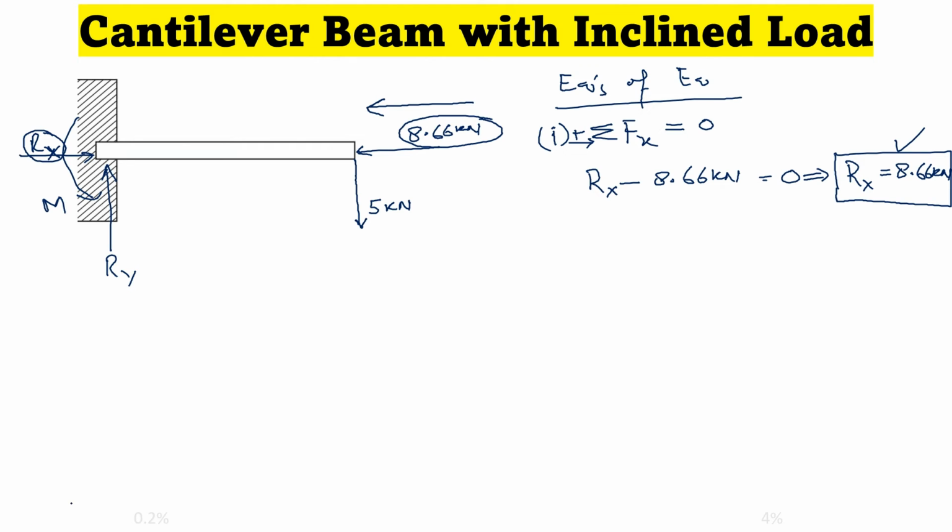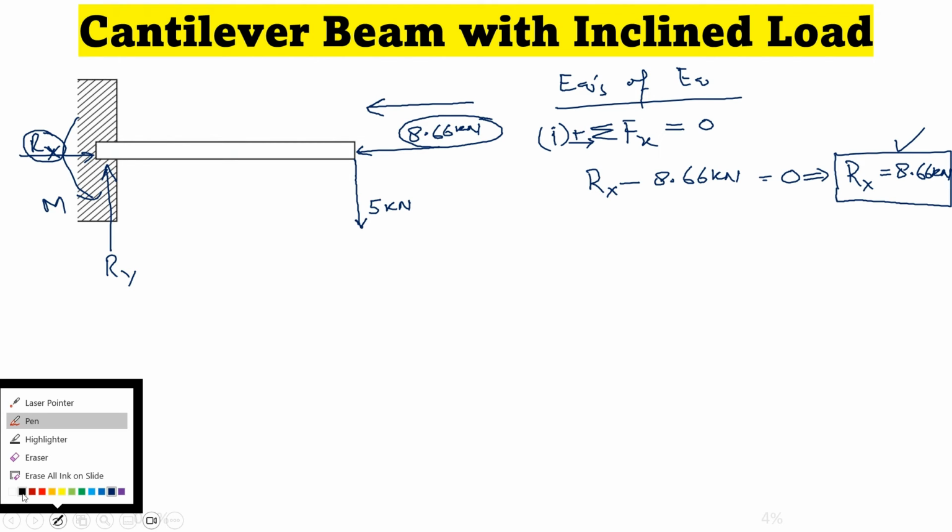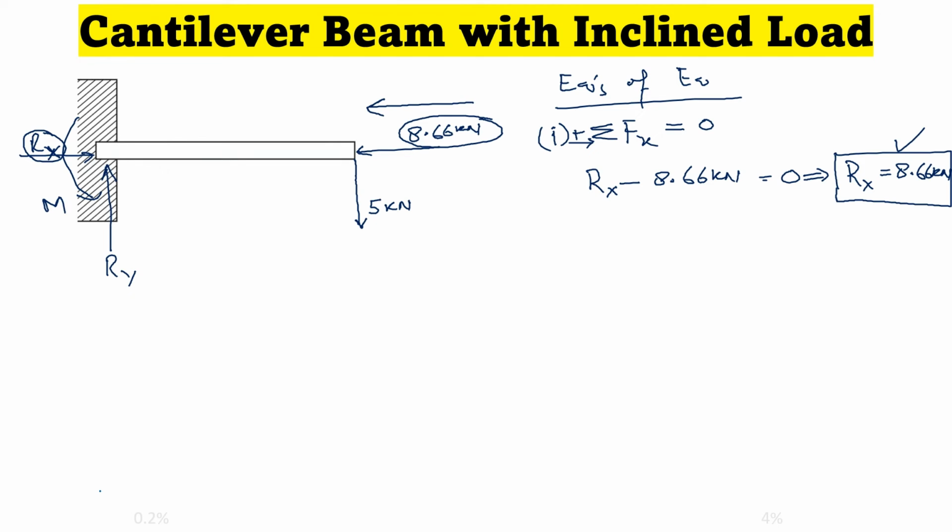And now we will move towards determining the second reaction of the beam by applying the second equation of equilibrium. The second equation of equilibrium is summation, means sum of forces in y direction will be equal to 0, while we will take the forces acting in upward direction as positive. Forces acting from downward to upward direction are positive. So simply move from left to right.